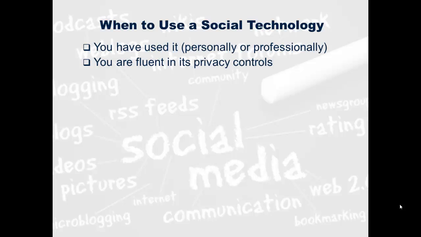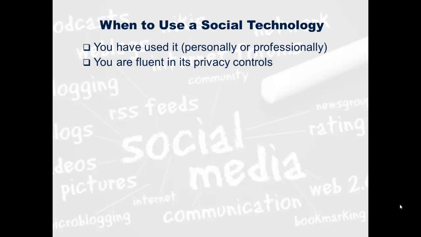Now, it could be personal reasons that you've used it. It doesn't have to be in a professional or academic setting. But you should be fluent in that technology because the last thing you want are students to uncover ways that they can use the technology in either unproductive or unfair ways because you weren't as familiar with the technology as you should be. But I think we would all do that anyway.